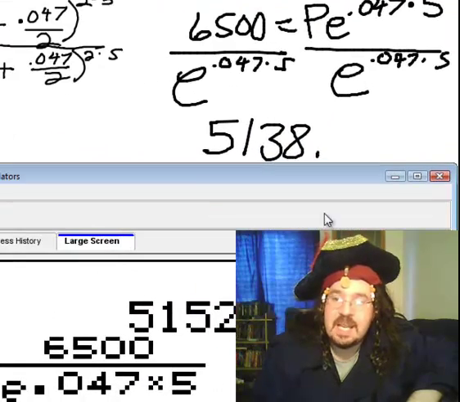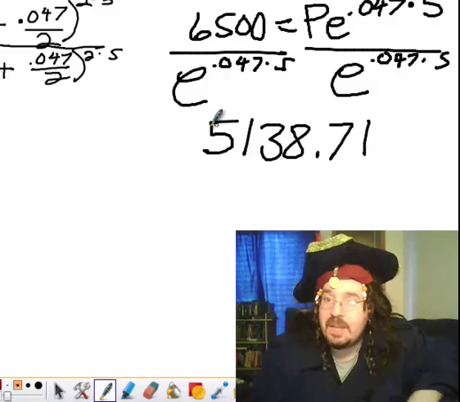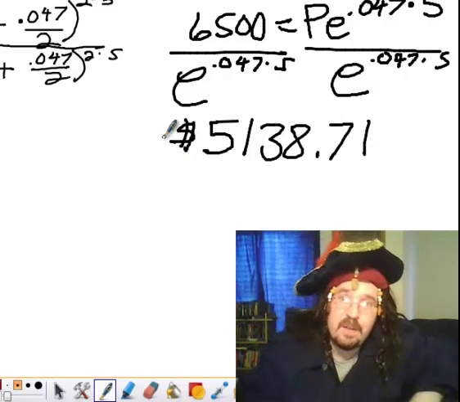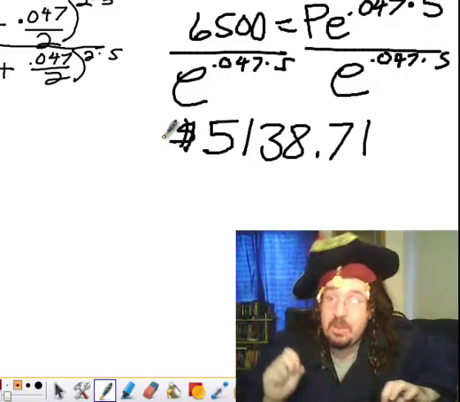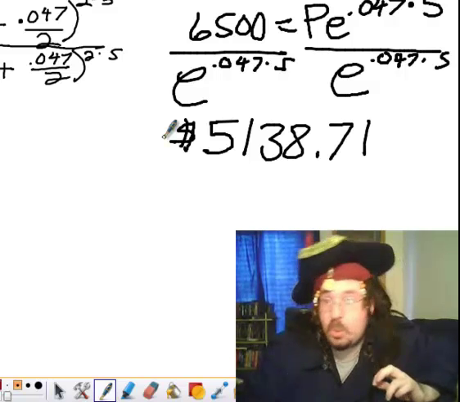And let me see, I guess I'm going to have to round this, even though it's very close to 70. I'm going to round it up to 71 because otherwise I won't have quite $6,500. I'll have a little bit less than that, and pirates always like to be very precise in their mathematics. That's just the pirate way.